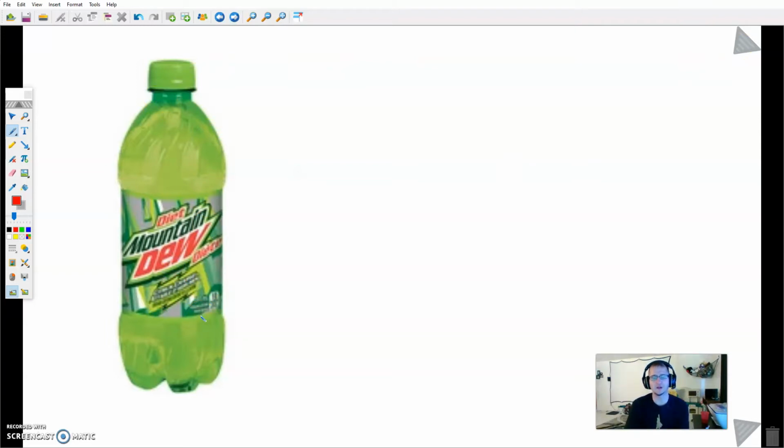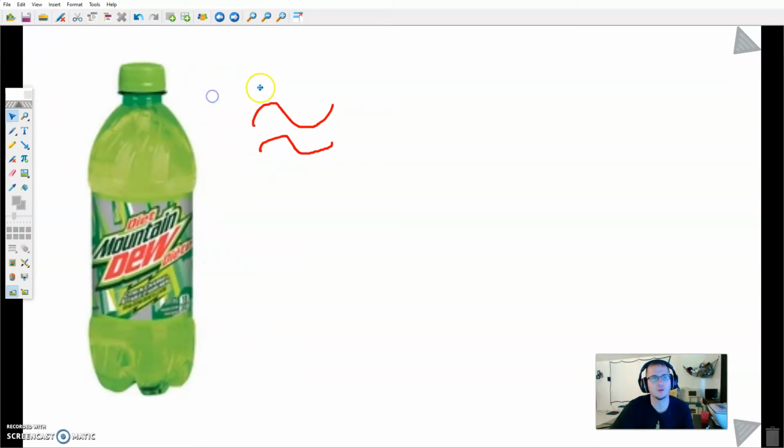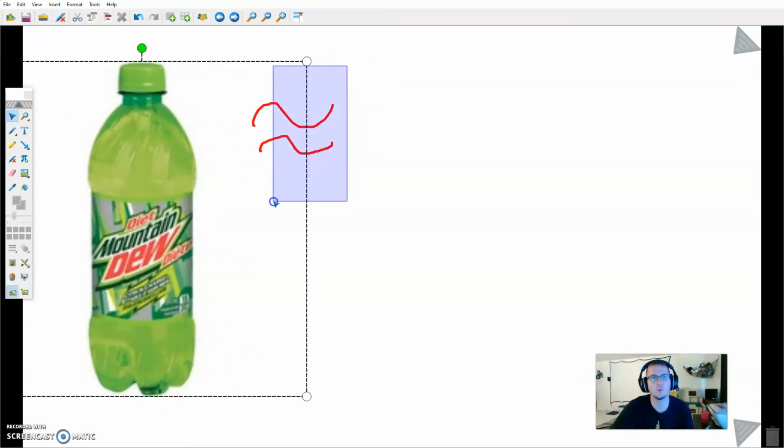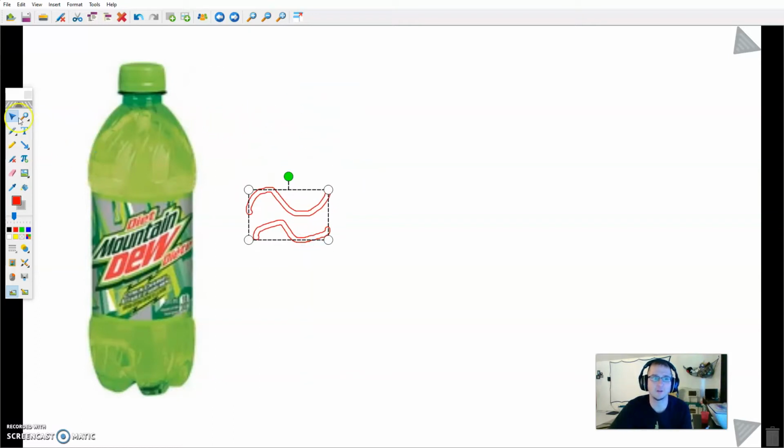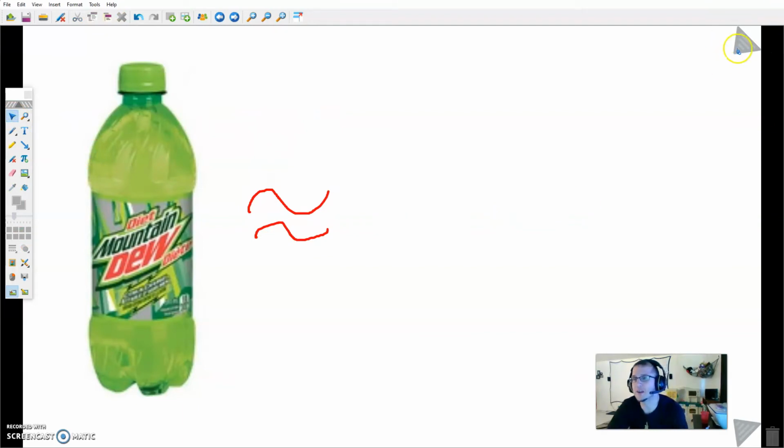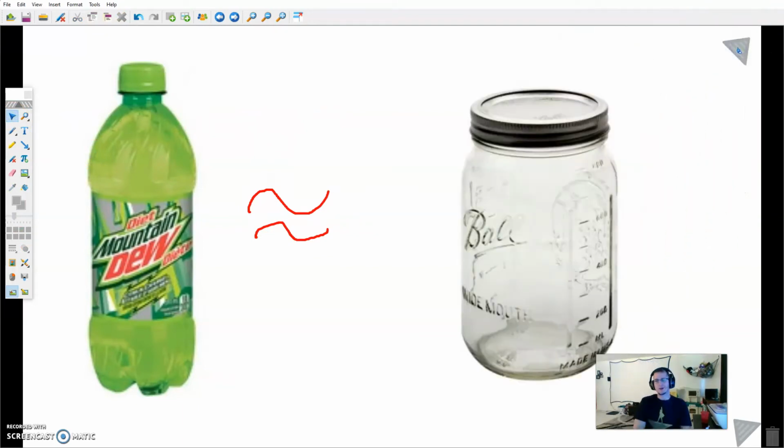Now, a liter, if we use that in comparison to the customary, I'm going to draw a squiggly equal sign. That means about. A liter, if we compare that to the capacity, is about a quart.